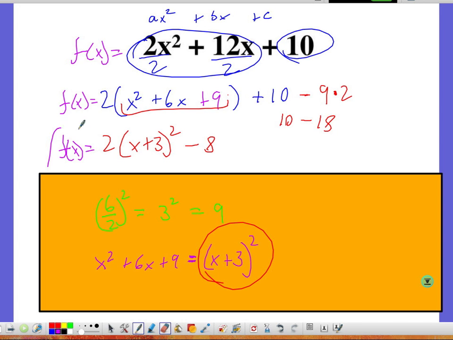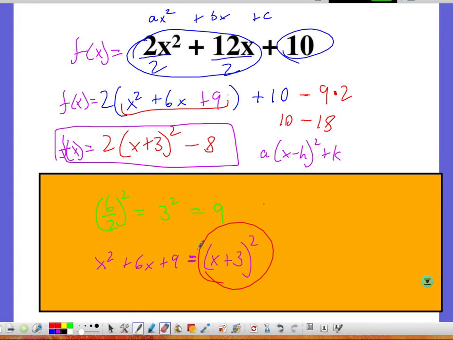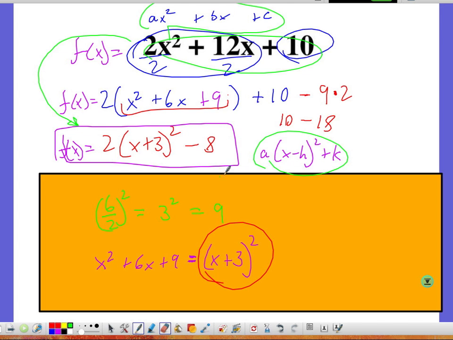And now, finally, we have the vertex form, where we have a(x minus h) squared plus k. So can you see how we went from standard form, this, into vertex form, which is this right here.